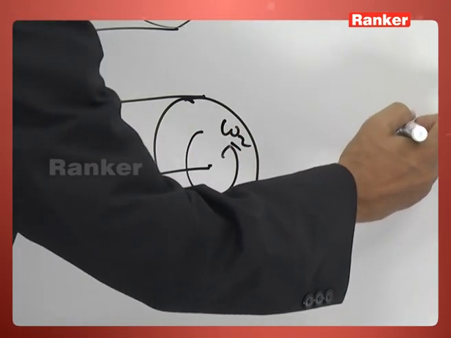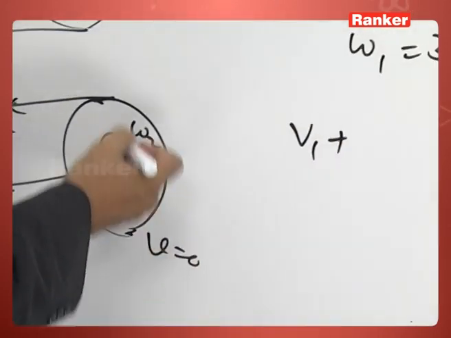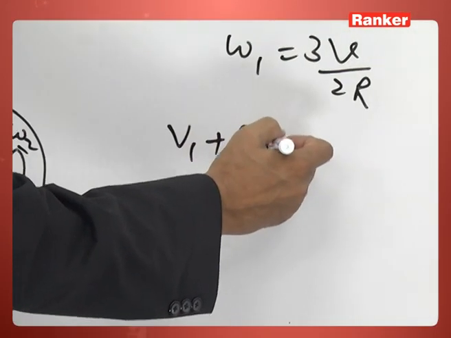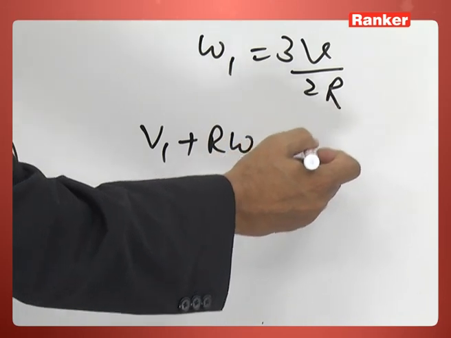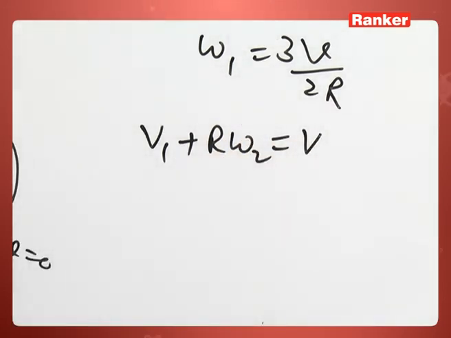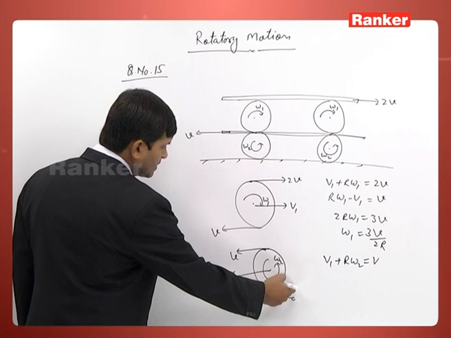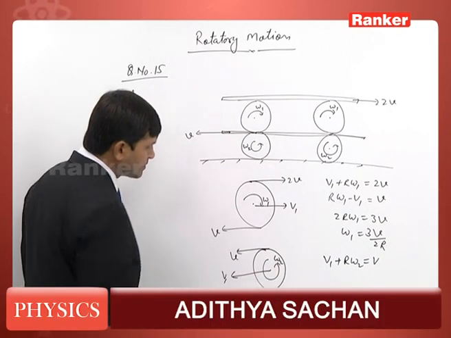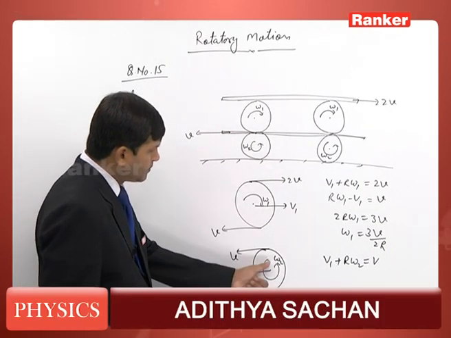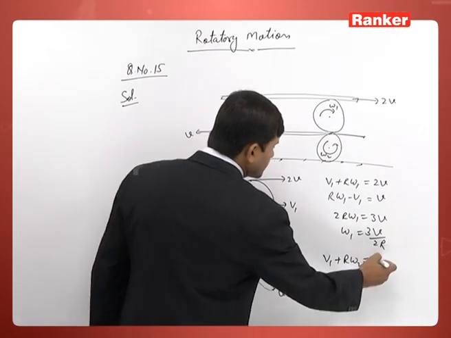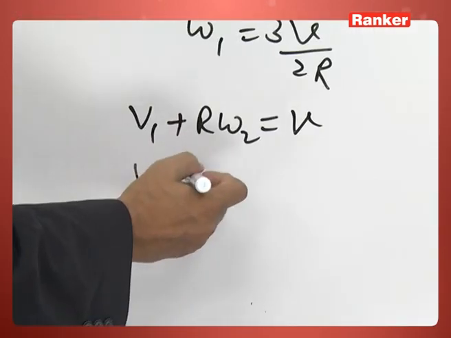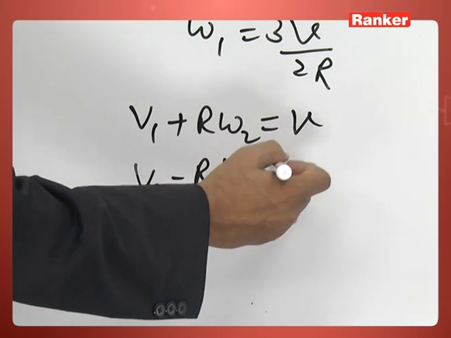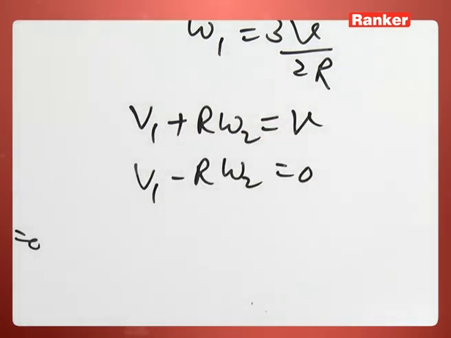V1 plus R omega 2 is equal to V, and here V1 minus R omega 2 is equal to 0.